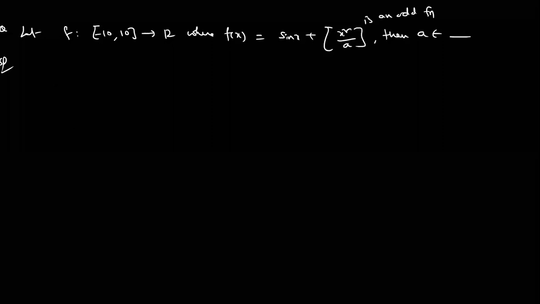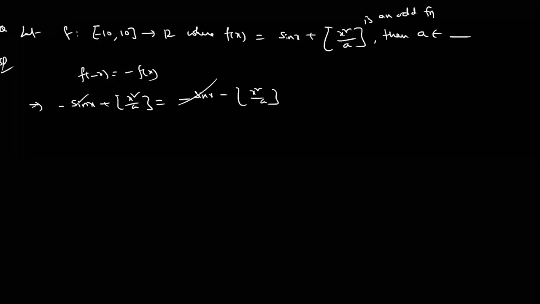Simply, odd function means, get ready, f of minus x is equal to minus f of x. Means what the result is coming here? Minus sin x plus the integral part of x square by a is equal to minus sin x minus the integral part of x square by a. So the integral part of x square by a is equal to 0.